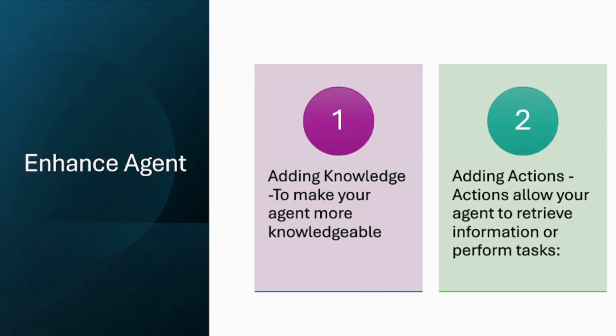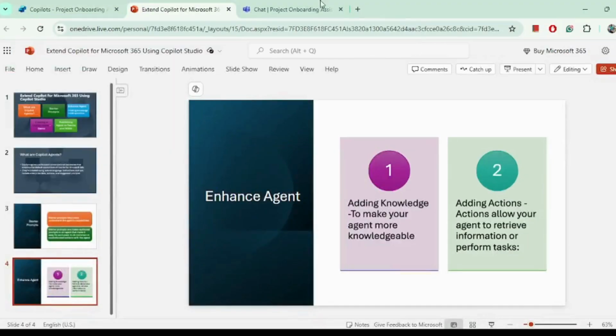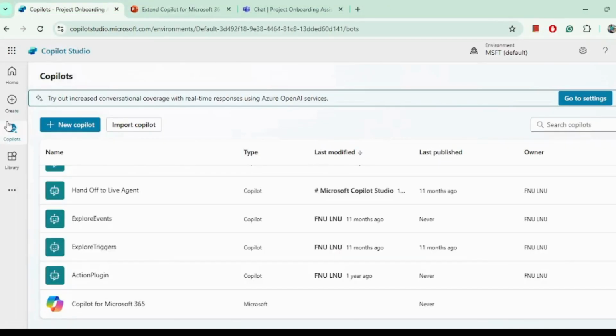So now we have the information about what an agent does and how we can enhance it. Let me go ahead and show you the demo. To build this demo, we have to use Copilot Studio. In Copilot Studio, there is a new capability called Copilot for Microsoft 365.